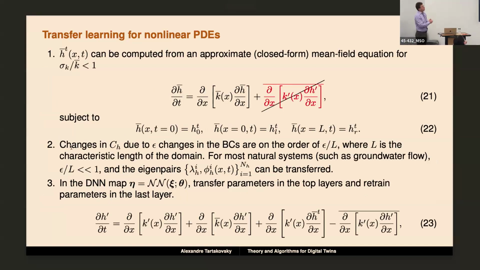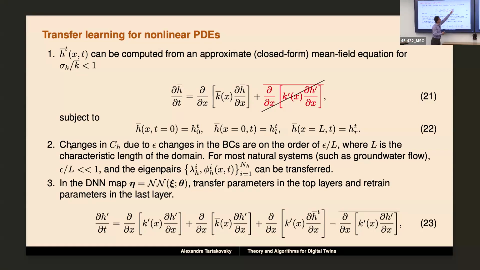So now if we do a similar moment analysis, we will come up with this form of the mean field equation. Because the starting equation was nonlinear, our mean field equation has this non-local term.